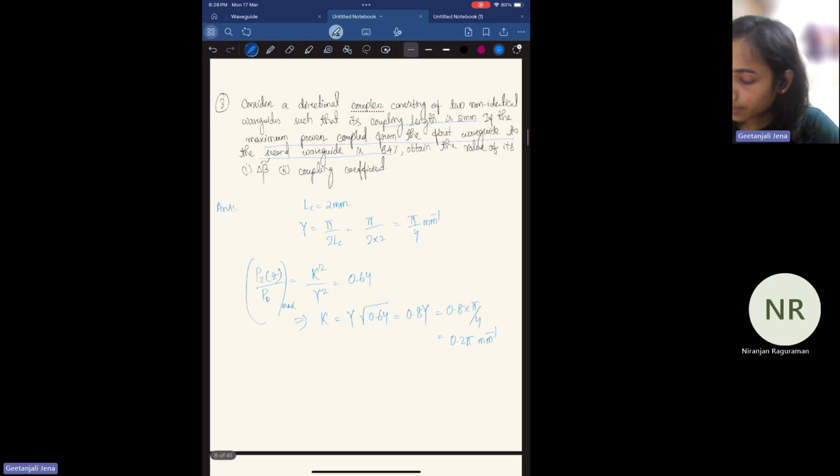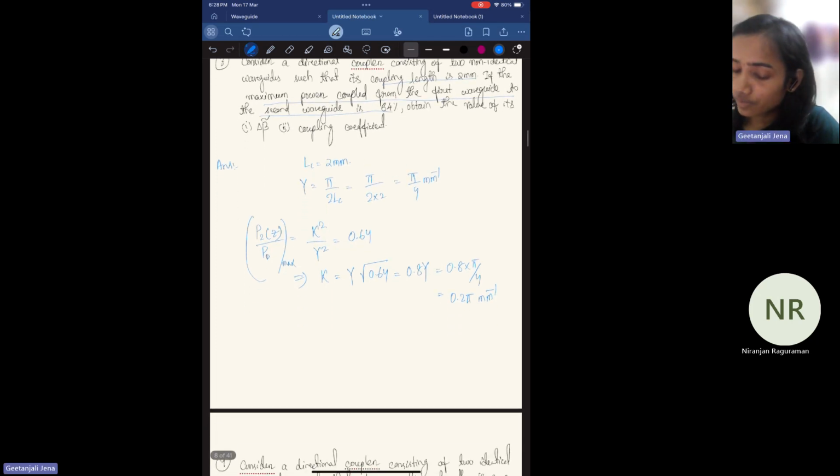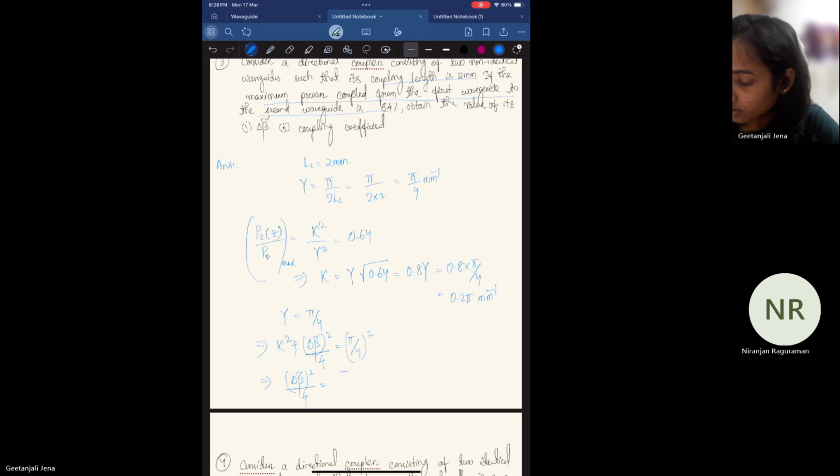For delta beta, we can calculate it from the expression of gamma. Gamma is pi by 4. So this is kappa square plus delta beta tilde square by 4 is pi by 4 square. So delta beta square by 4 is pi square by 16 minus pi square by 25.